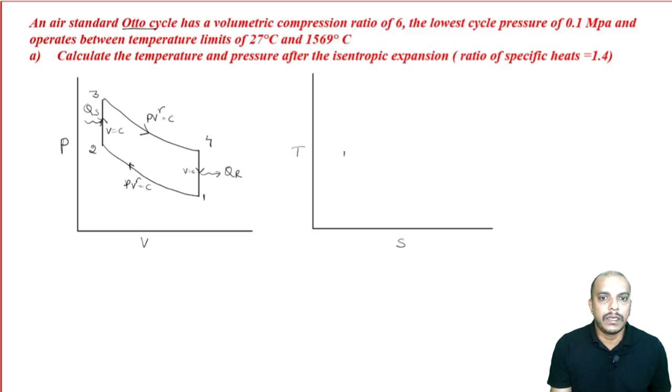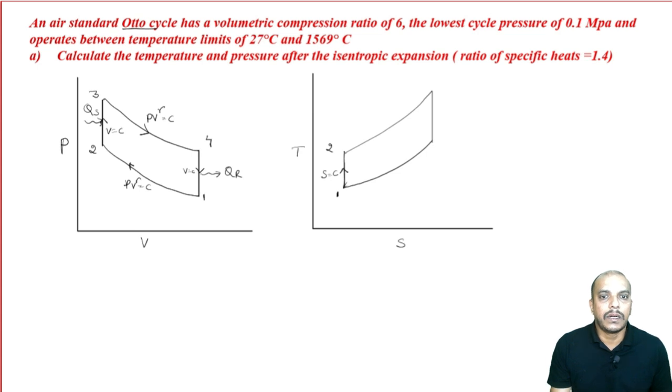Similarly, on the TS diagram it looks like this. 1 to 2 is reversible adiabatic compression, that is entropy constant.